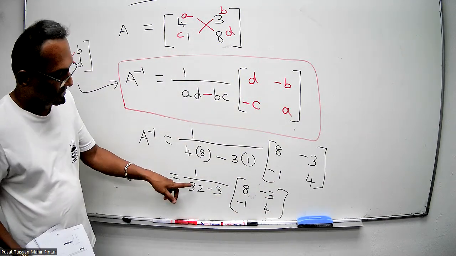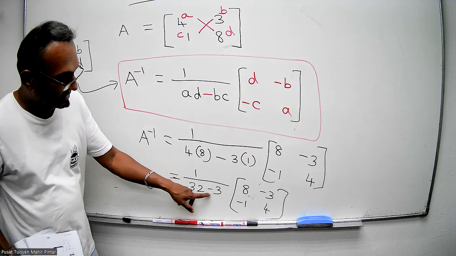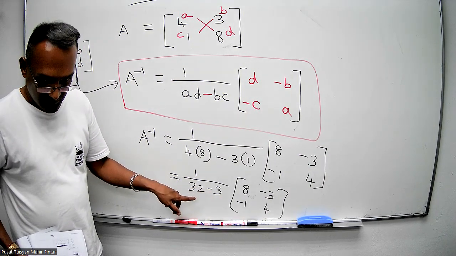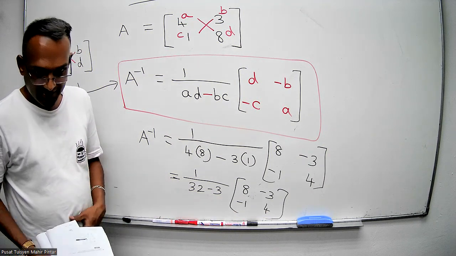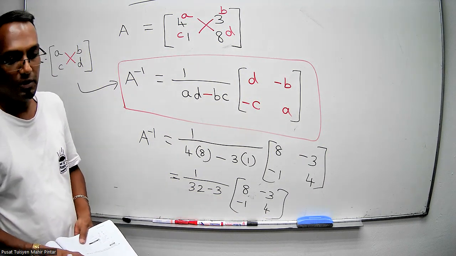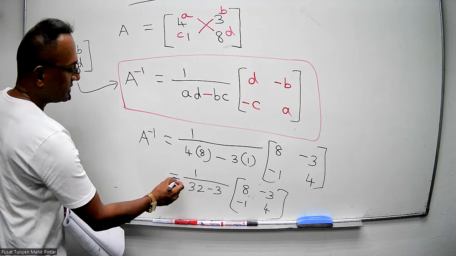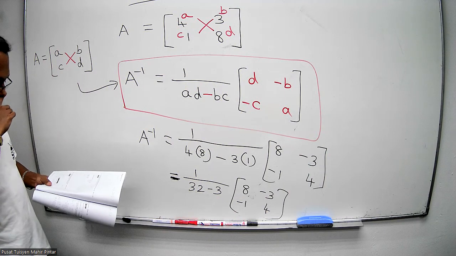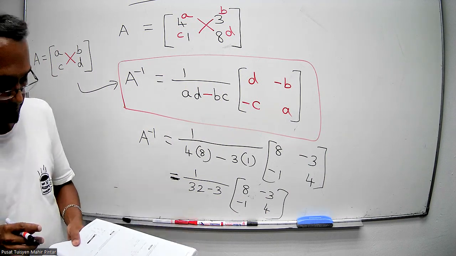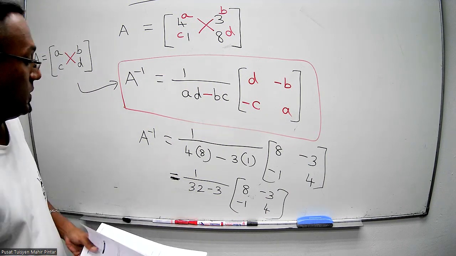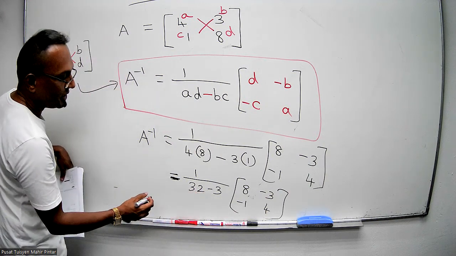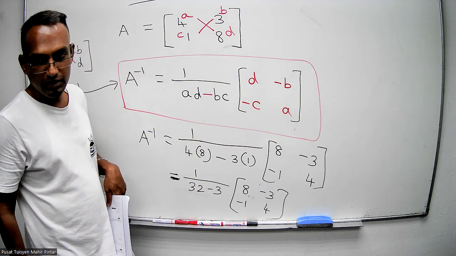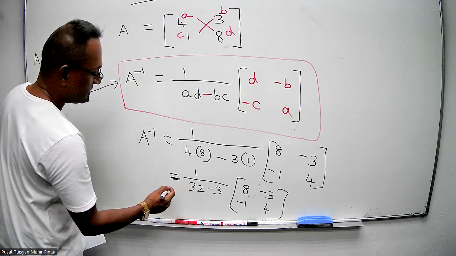If you simplify further, what will come? 32 minus 3, what will come? Enter it in the calculator. No, a calculator is not needed; tell it manually. 32 minus 3 is 29. So 1 over 29.